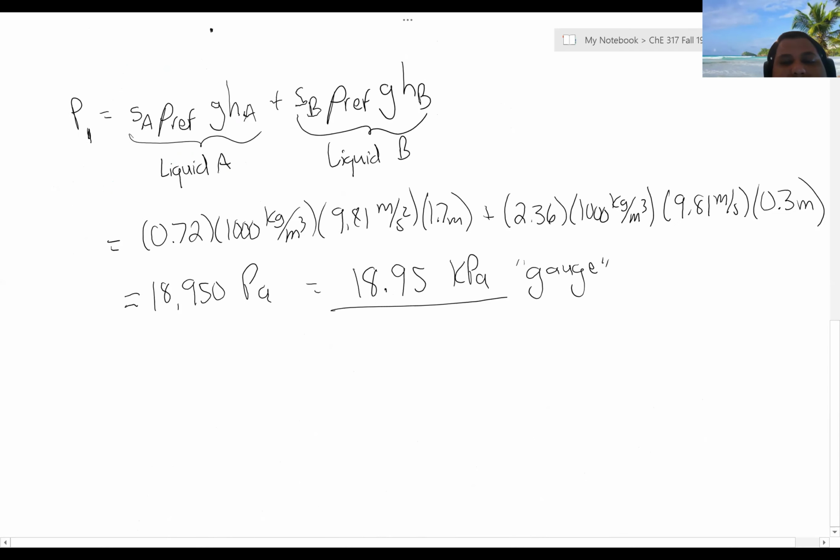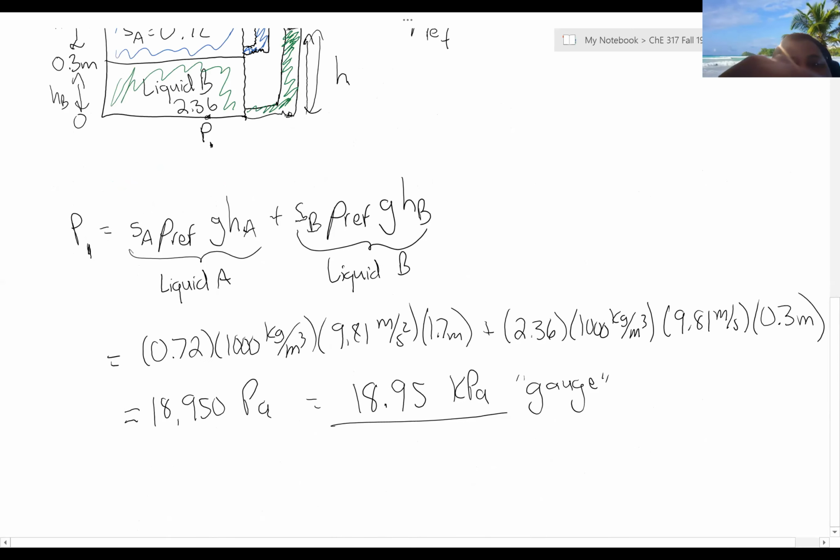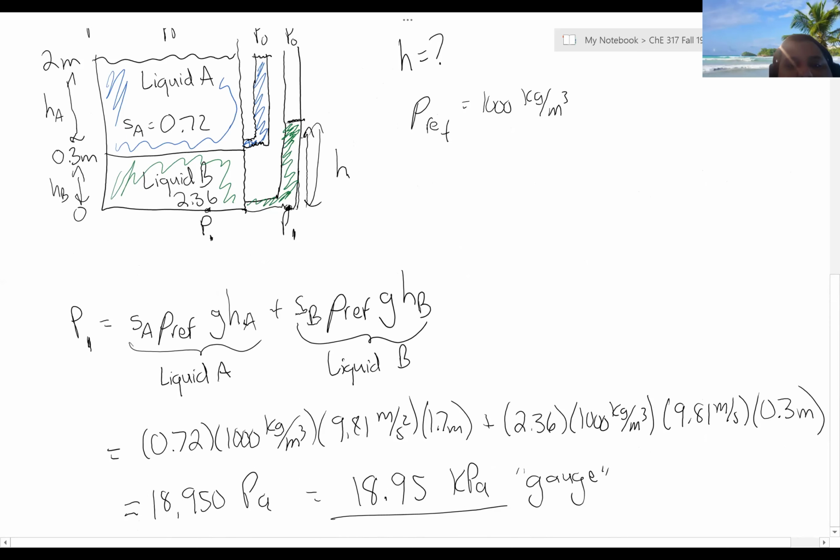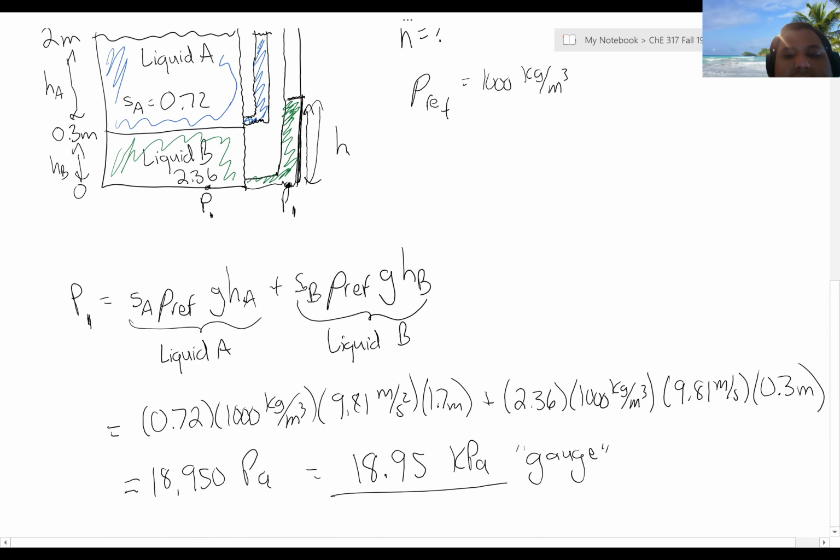And so we can say, if the pressure here and here are both P1, then we can set up an equation for the pressure as a result of this liquid column to calculate the height.